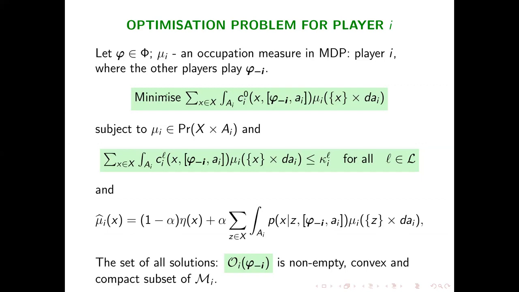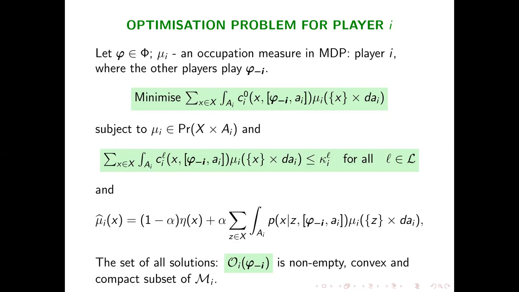So the goal of player I is to minimize his cost subject to the following constraints, and subject to mu I being a probability measure on the state space and the action set of player I, and subject to mu I being an occupation measure. So this equation says that mu I is indeed an occupation measure.